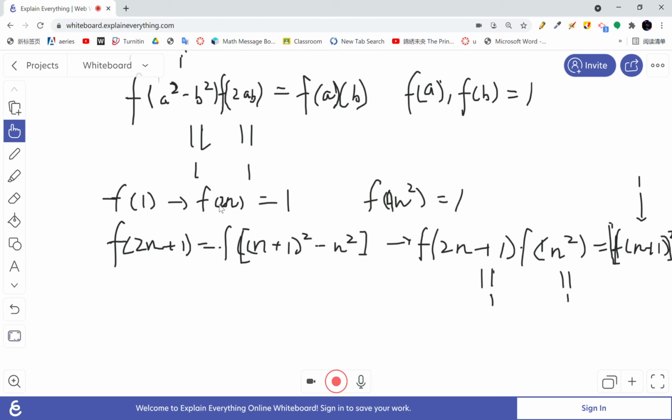So n minus 1 squared. So yeah, I think this is pretty complete for the induction. So are we done? F of 2n plus 1 is equal to f of n plus 1 squared. So how about if you know f of 2n plus 1?